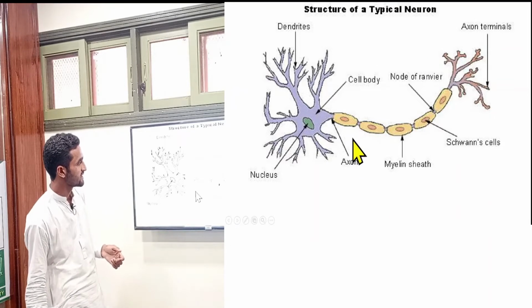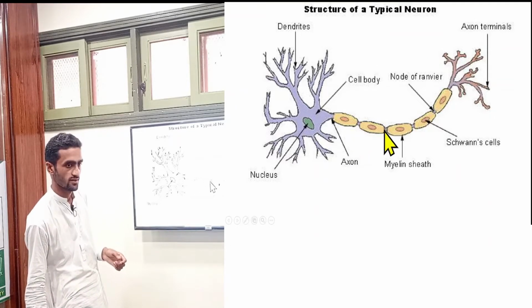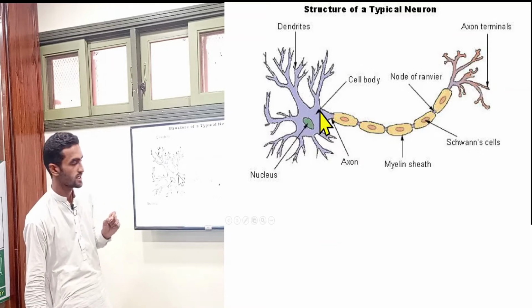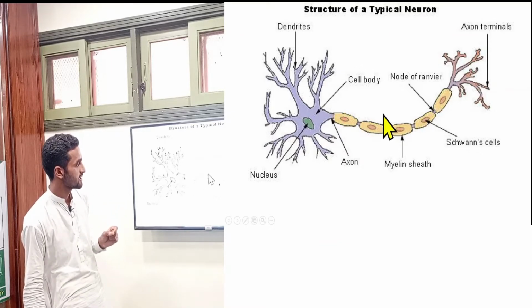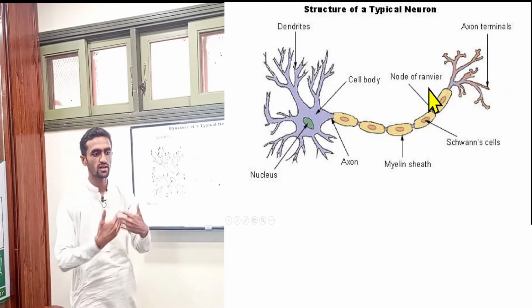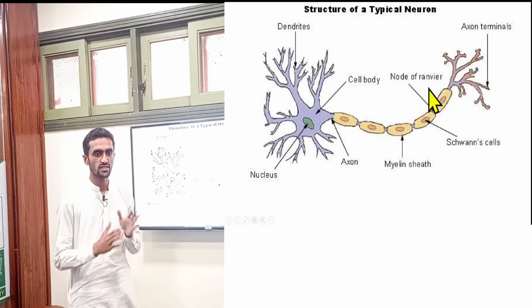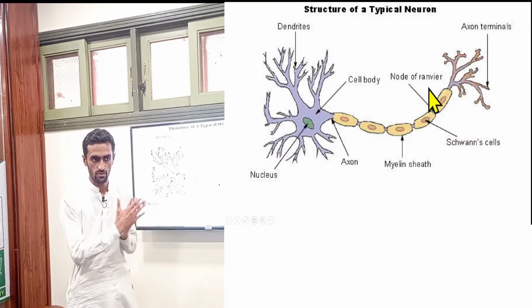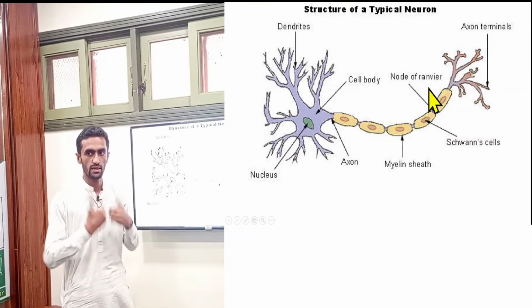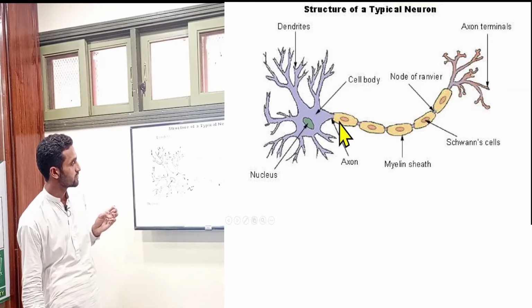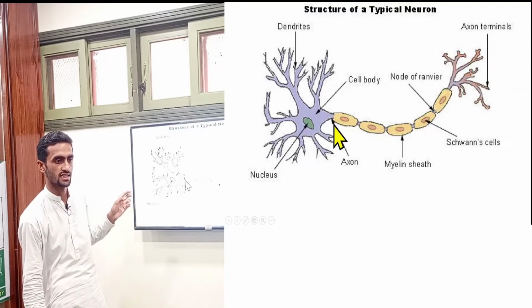So what are these points? Nodes of Ranvier. So the nerve is coming like this, coming here, coming here, coming here. So it is a jumping nerve impulse. That's why in this type of innervation the speed is high, because there is no need to change potential at this level, since here is myelin sheath.